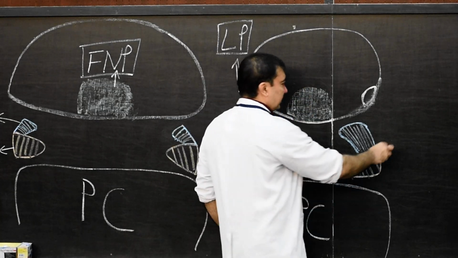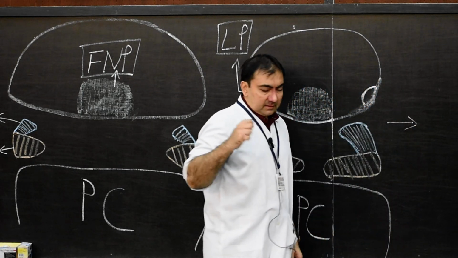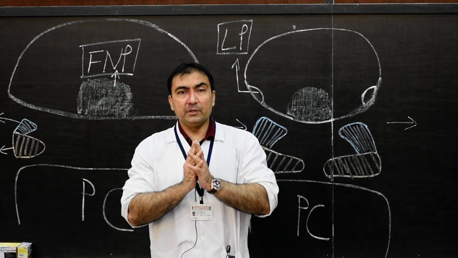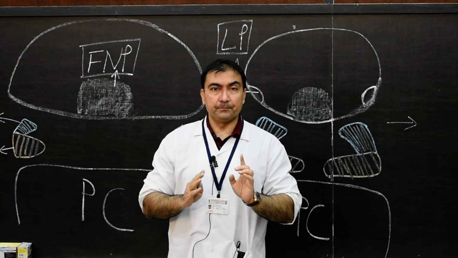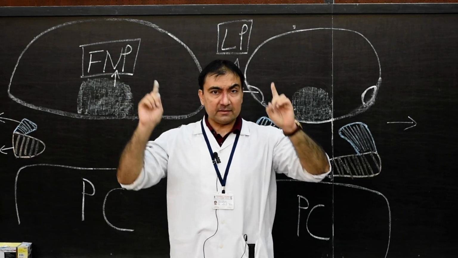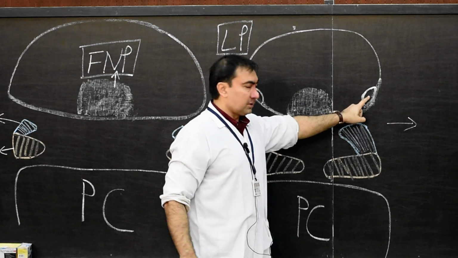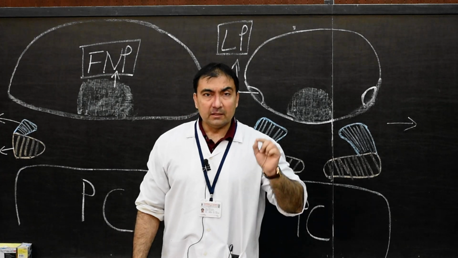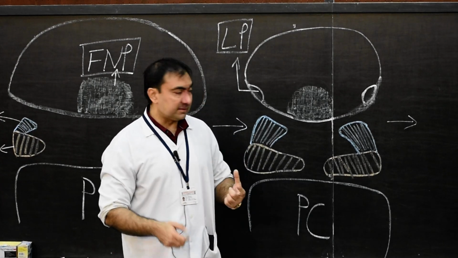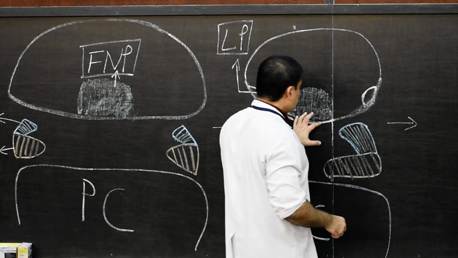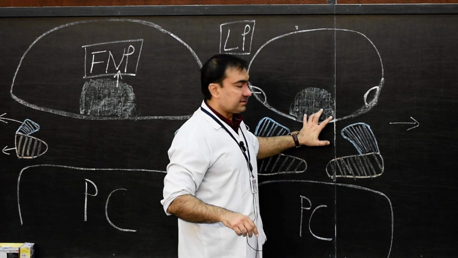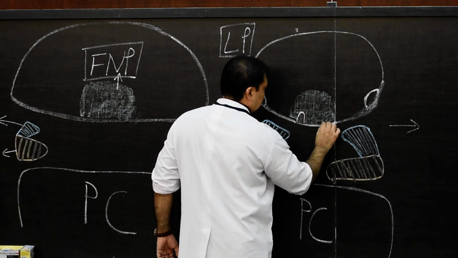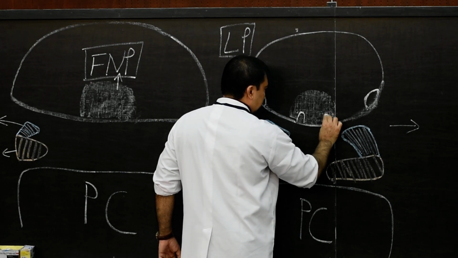Now what happens in the next diagram? Here we have to show this frontonasal process will divide in such a way that first there will be development of olfactory placodes. Here we have shown on dorsolateral side development of lens placode. But in the frontonasal process there will be development of olfactory placodes. So note down that point, olfactory placodes, thickenings. So in this diagram we will show the thickenings. This is how the thickening should be shown.